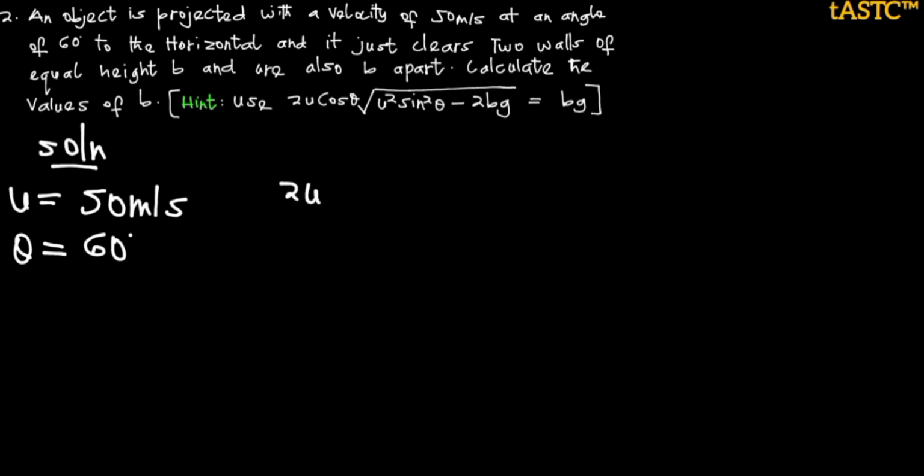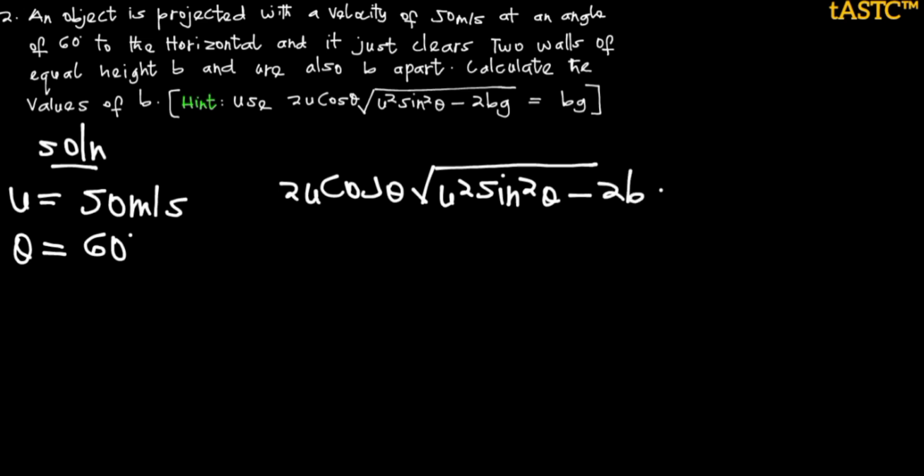So this is what we got: 2u cos theta, multiplied by the square root of u squared sine squared theta minus 2bg, is equal to bg. This is the formula that is provided for us to use. Now in order to solve it, we first of all need to square both sides.